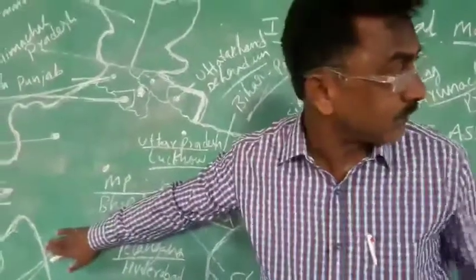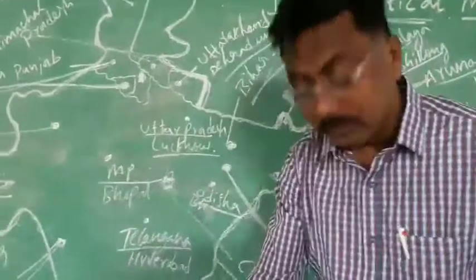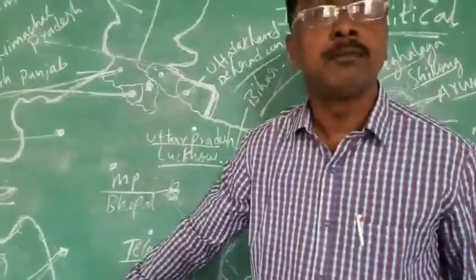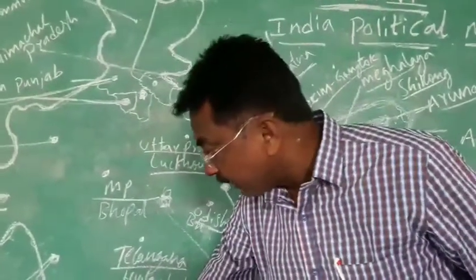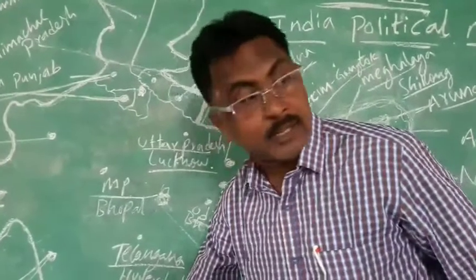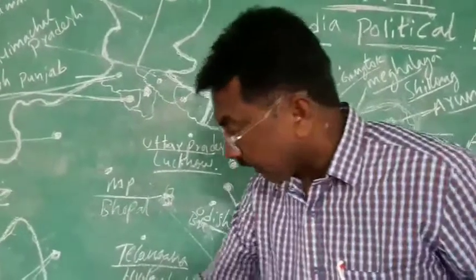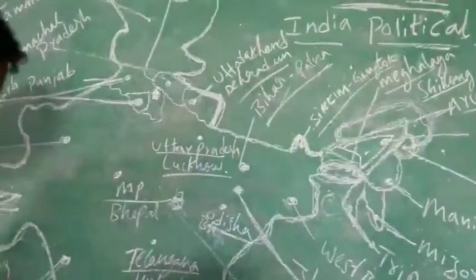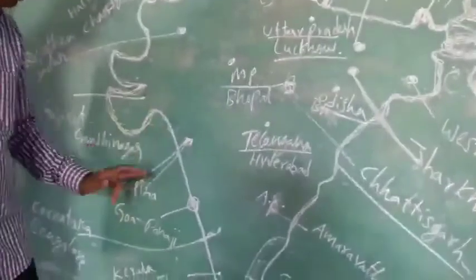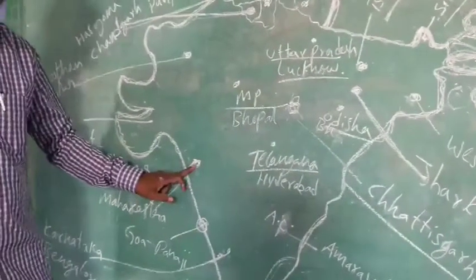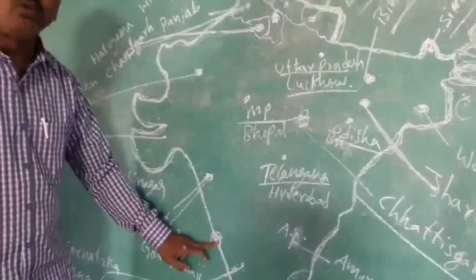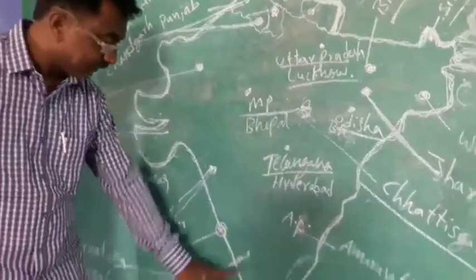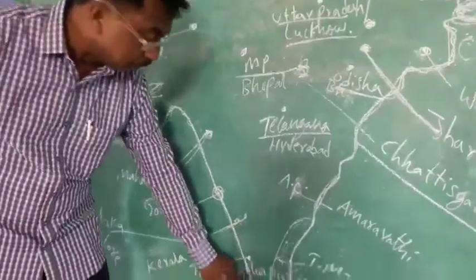Here is Maharashtra, and here this one is Goa, Panaji, and next you see Kerala, Thiruvananthapuram. See properly: Maharashtra, Mumbai; small one Goa, Panaji; Karnataka, Bengaluru; and the foot Kerala.